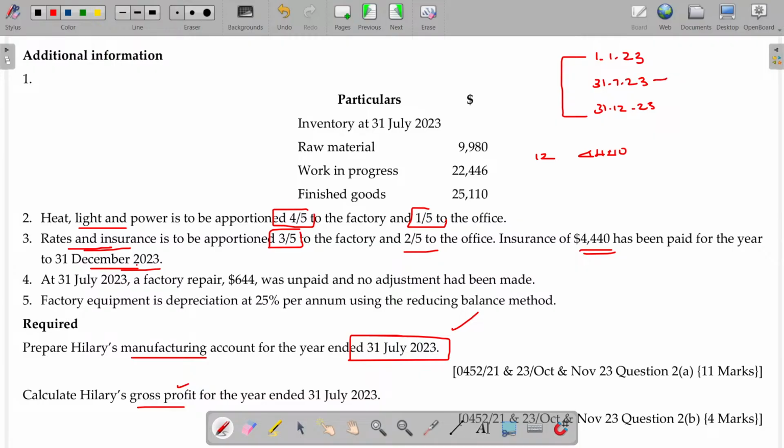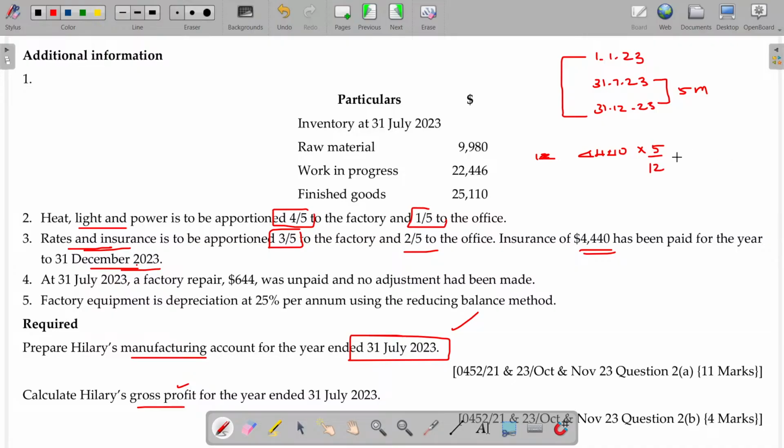From this, it is very clear that to this extent we paid in advance. The advance should be removed. How many months are there? 8, 9, 10, 11, 12. So 5 months are there. So you have to find out the 5 months' value. So 5 by 12, that will be your advance.